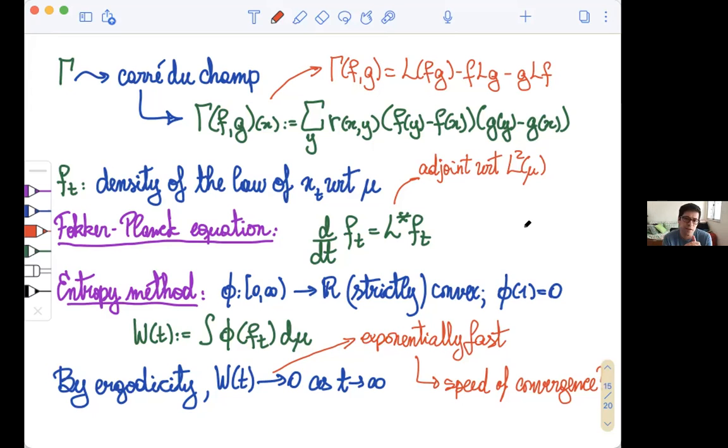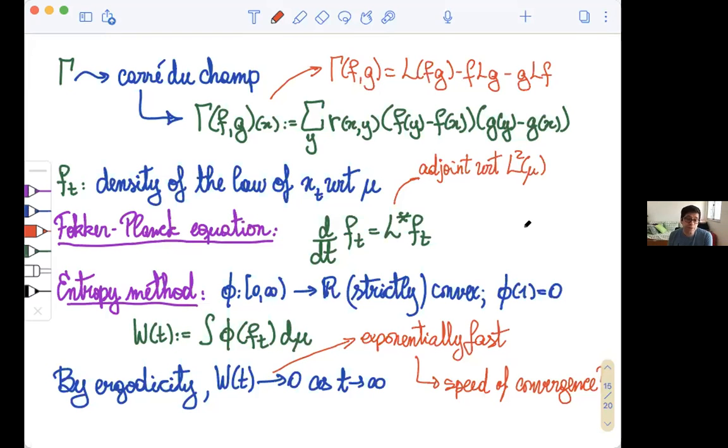It's just a finite state Markov chain, so it's not very important for the moment. This process has a law at time t, and this law has a density with respect to mu, because remember that mu has full support. So there's no problem in defining ft here. It's just a nice, well-defined function, bounded in time, etc.